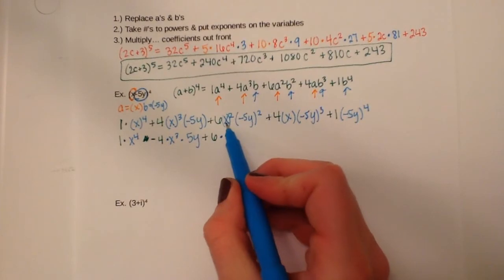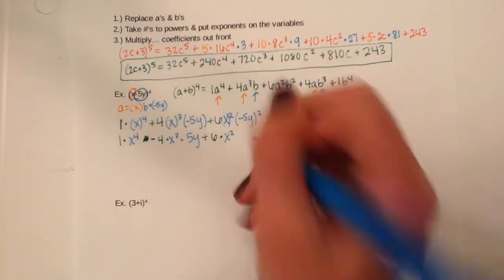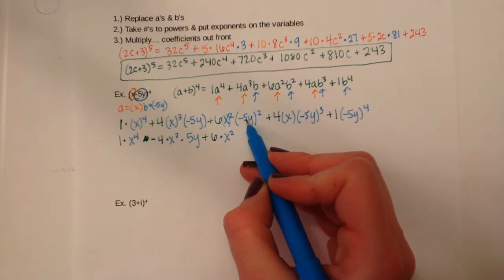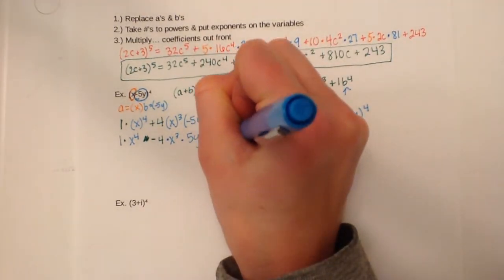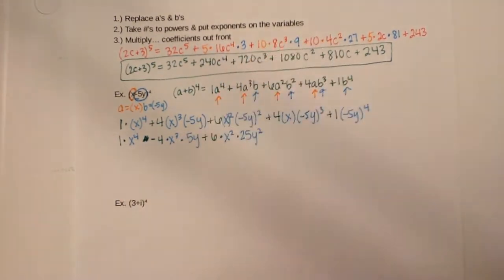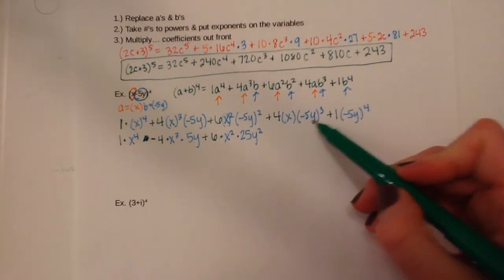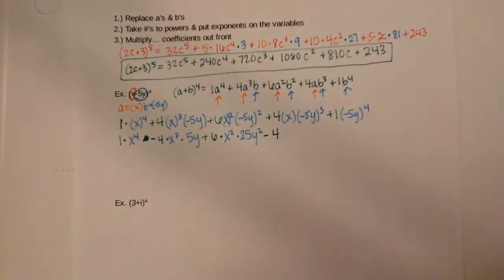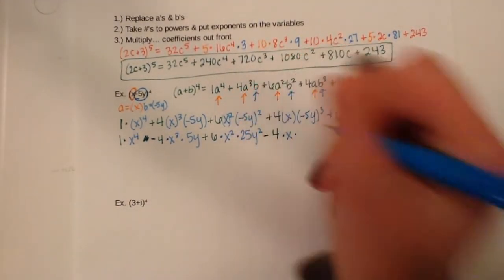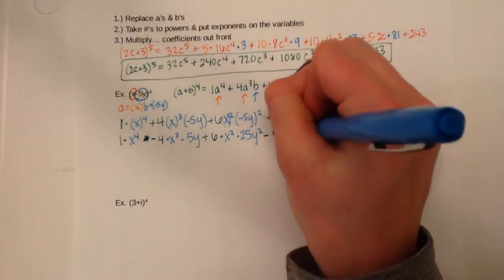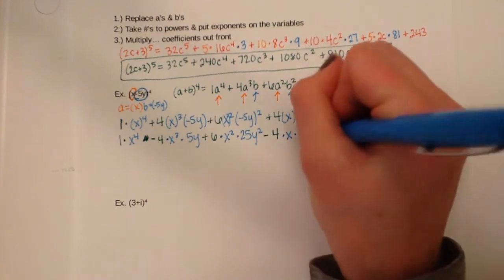So 6 times x squared times, if you square 5, you get 25. And then y squared. We have a negative number to the odd power, so it's going to be negative 4 times x times, if you take 5 and cube it, it's going to be 125 y cubed.